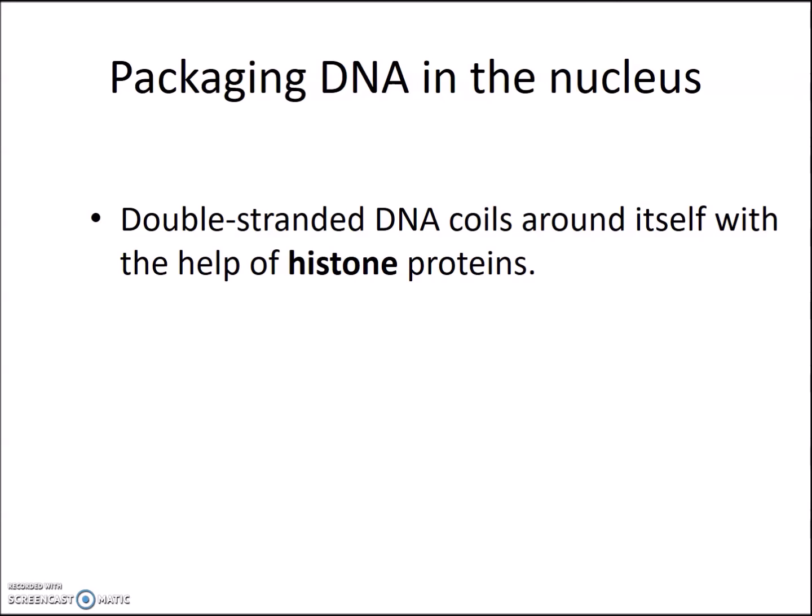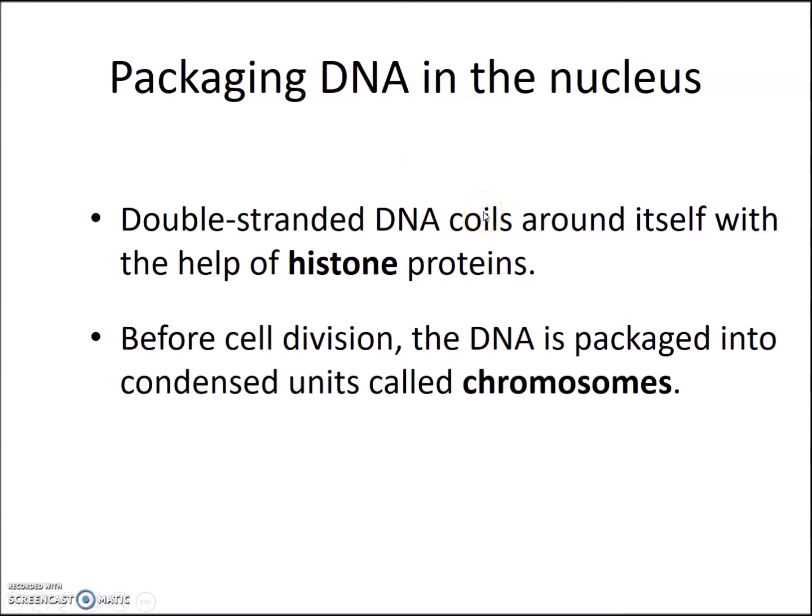A spool helps you to wrap a really long strand around a central place so that it stays organized and doesn't get all twisted together. Well, the spool for DNA is a histone protein. That's what helps DNA package really tightly in the nucleus. And as we'll see soon, the process of cell division makes sure that the DNA gets packed tight into chromosomes before dividing so that you can do so in an organized way.